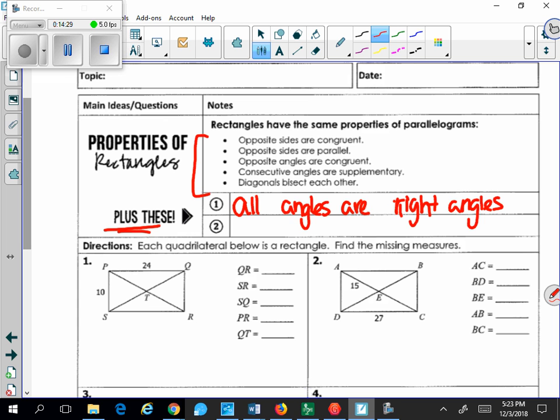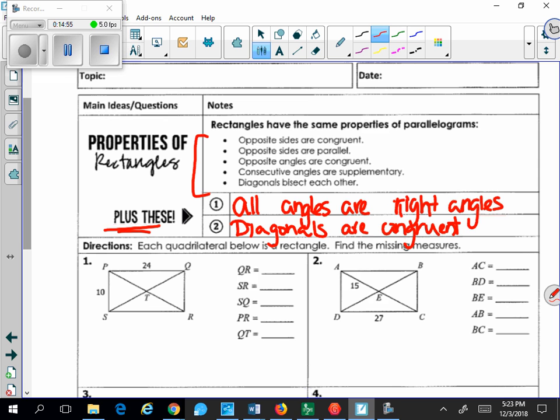That's not really that new or interesting. The second thing that we know is that not only do the diagonals bisect each other, the diagonals of a rectangle are congruent to one another, which some of you might already know, some of you might not, either way.